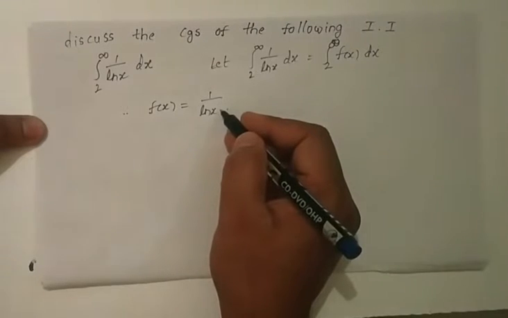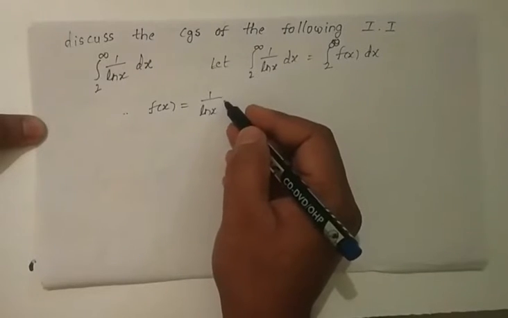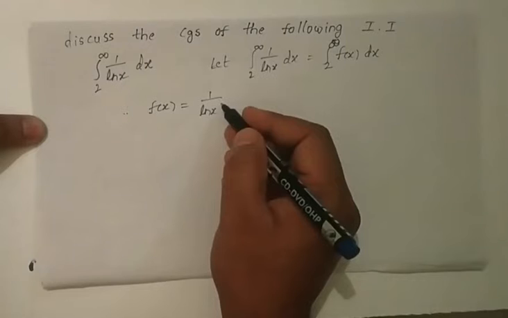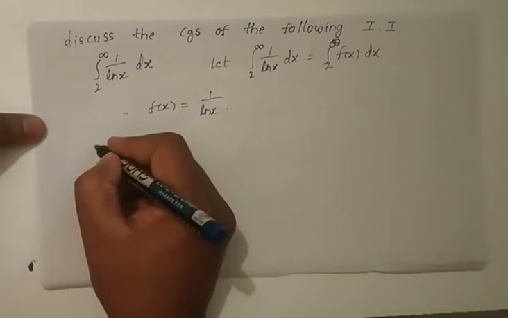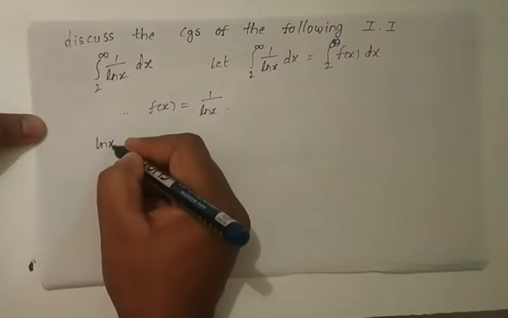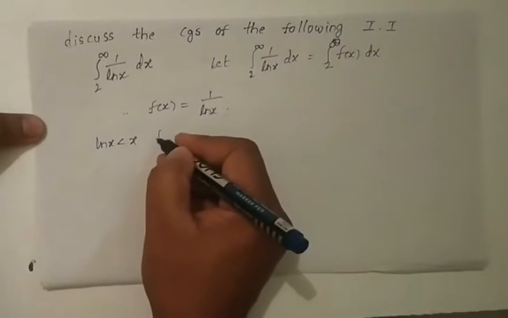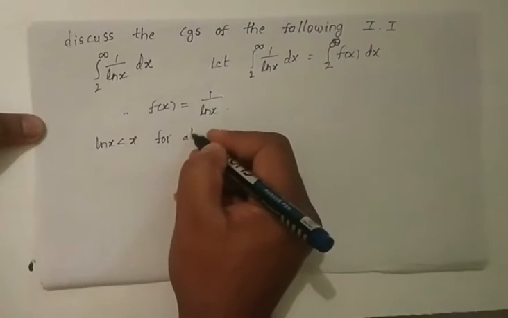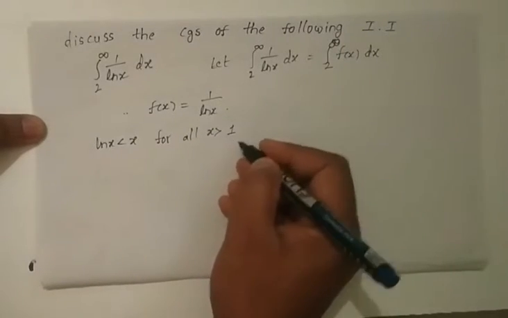Now let us see how to use the comparison test for this improper integral. Here we have to follow the same procedure as whenever you are using the comparison test in series. Already we know that ln x is less than x for all x greater than 1.